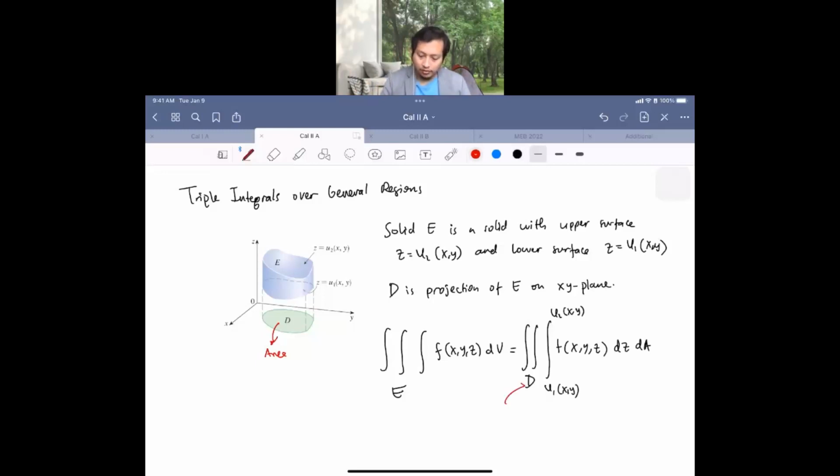So dA can be dy dx or dx dy, and it depends on what we have in the information.